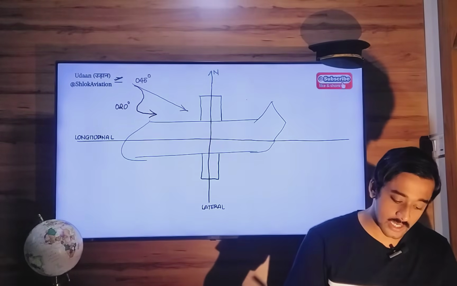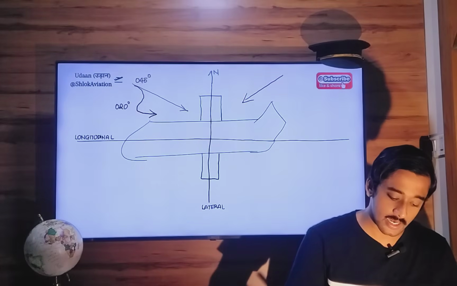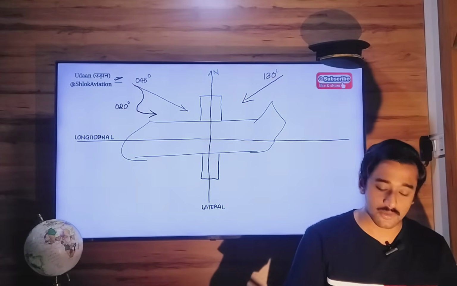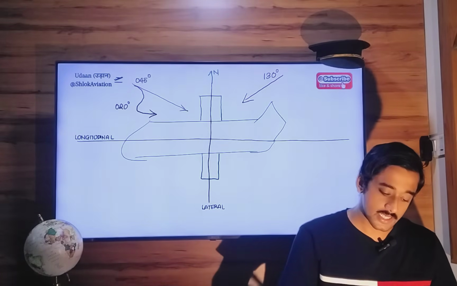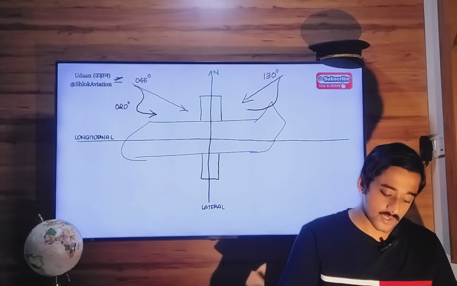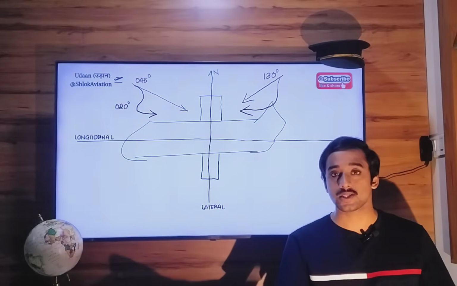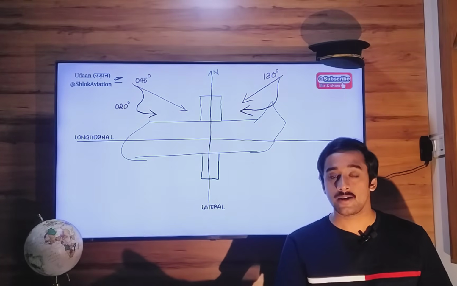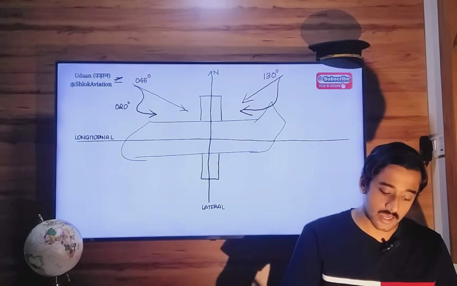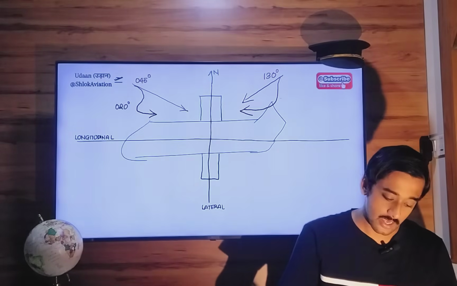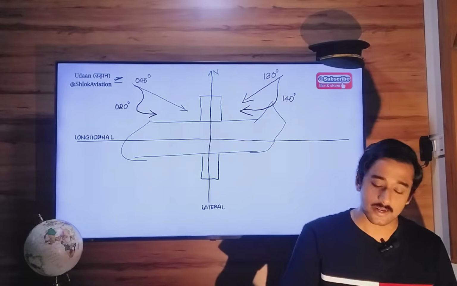If any radio signal is coming from southeast direction, like 130 degrees, something like that. So again, the electrical conductivity of aircraft will bend this signal such that it becomes aligned with the longitudinal axis of aircraft. So the pilot will get an erroneous information. This signal is coming from a direction more than 130 degrees, 140, 150 like that.